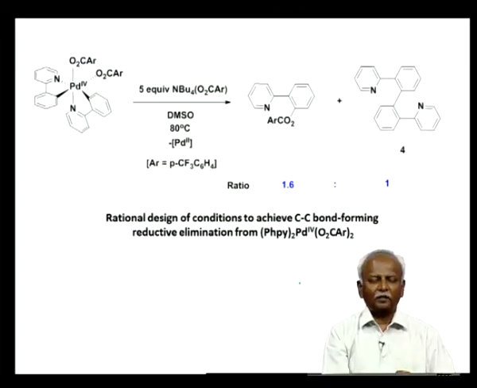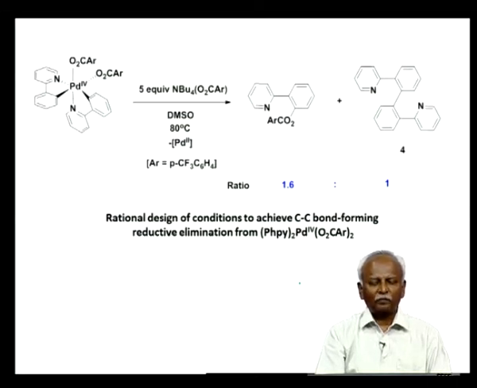So, rational design for carbon-carbon coupling is one thing that we talked about. Now, how would we make this carbon-carbon coupling happen in this case? If you use a large amount of the carboxylate, then what would happen is the ionization of this intermediate is suppressed, and when you heat the reaction mixture, this stops the unsaturated intermediate being generated.